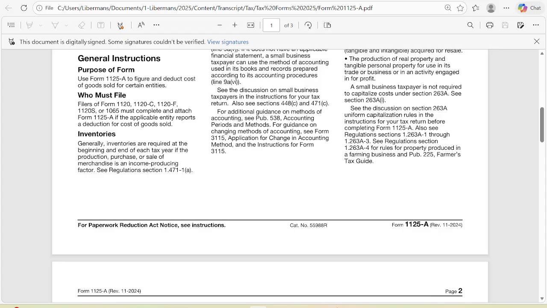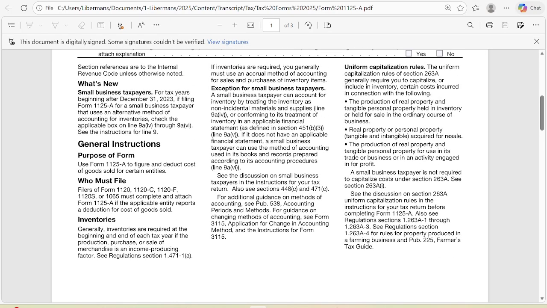So a small business, you can just read it. So this section here, a small business taxpayer is now required to capitalize costs under section 263A. See the discussion on section 263A uniform capitalization rule in the instruction for your tax return before completing form 1125A.